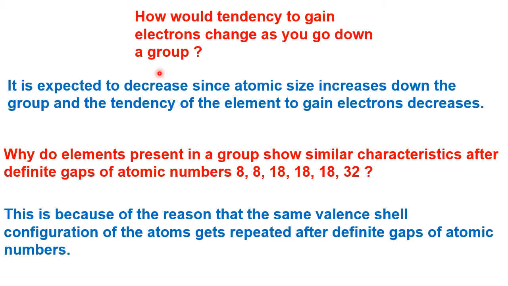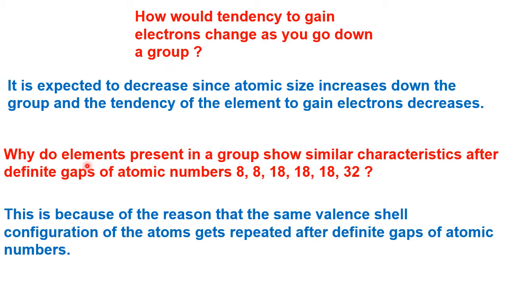So the removal tendency, the donating tendency, becomes easy. Therefore, when you move from top to bottom in a group, the tendency of losing increases, whereas the tendency of gaining decreases. So what is the question here? How would the tendency to gain electrons change as you go down the group? The tendency of gaining decreases.